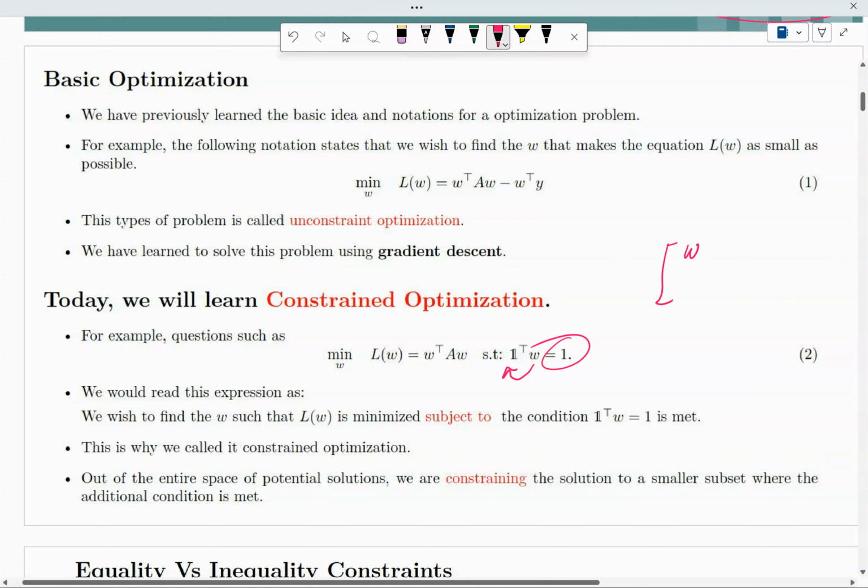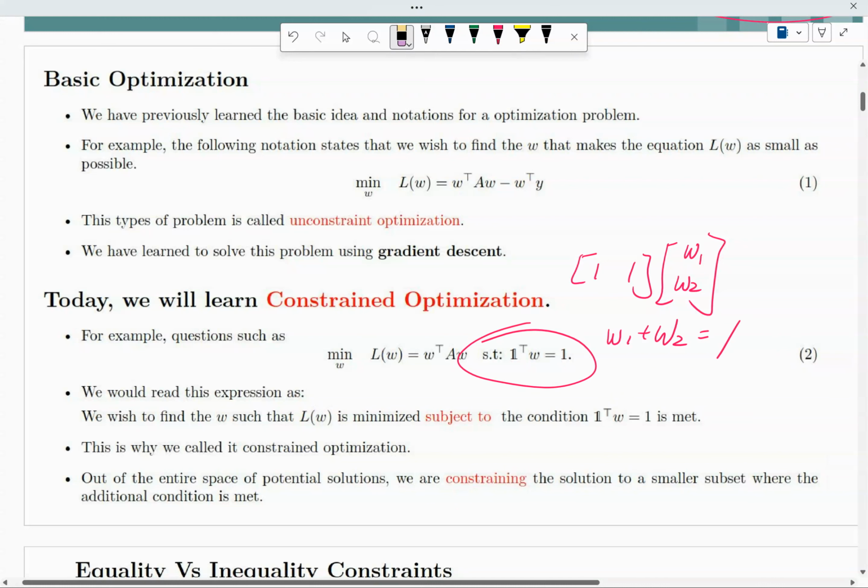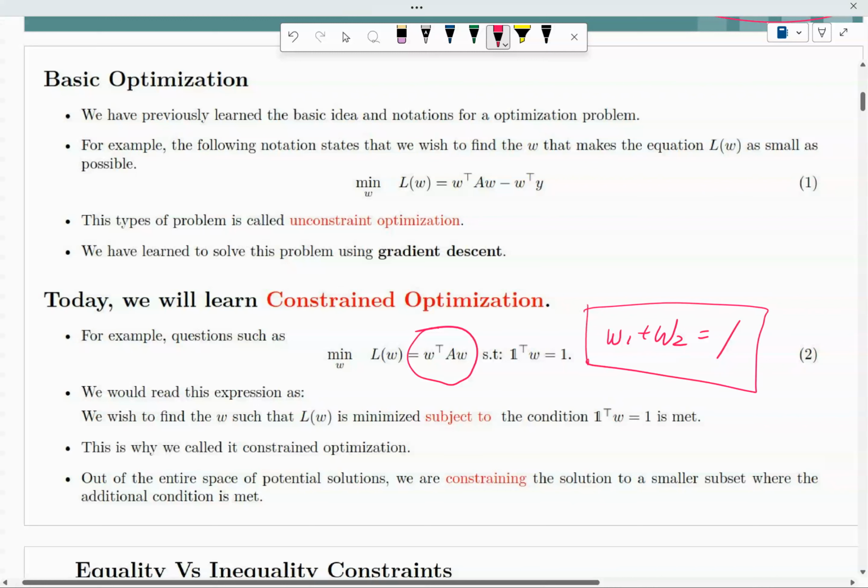If W is two dimensional, though it could be more, this is W1 plus W2 equals 1. This is telling you that you can find the solution that makes this expression as small as possible while the constraint holds: W1 and W2 have to add up to 1. So this must be satisfied.